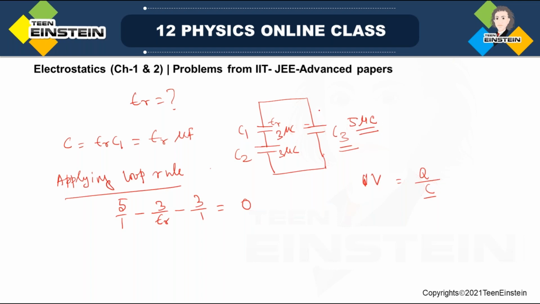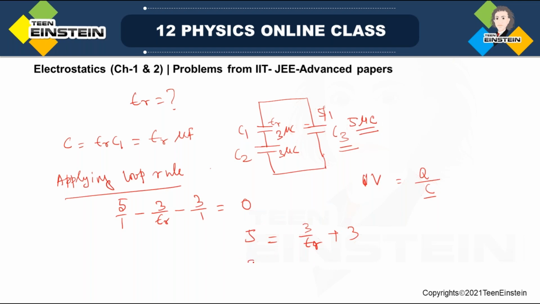I have here 5 by 1, this is the voltage, and it is distributed here. That means I can directly write 5 is equal to 3 by epsilon r plus 3, so this is from the loop rule.